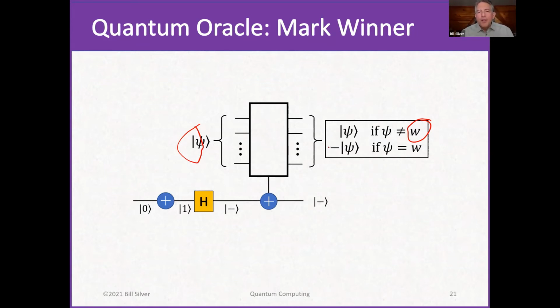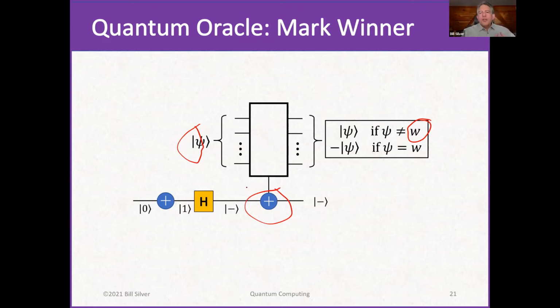And the circuit is very simple, just like we saw before, right? We start off with a 0 state here, turn it into a 1, use the Hadamard gate. This is that circuit that we said we could always make, some function of inputs that produces the exclusive OR, because that's what this controlled NOT gate is going to do.